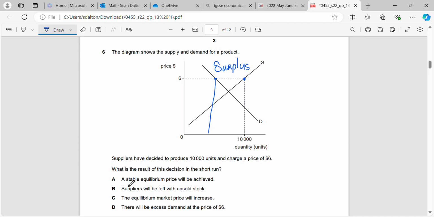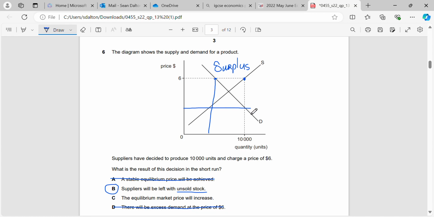Therefore, what's going to happen? The suppliers will be left with unsold stock. Okay? A stable equilibrium price will be achieved. That's not true. We can see that it's not a stable equilibrium price, only if demand or supply shifts can we move the equilibrium price. There is no excess demand. We just showed that it's excess supply.